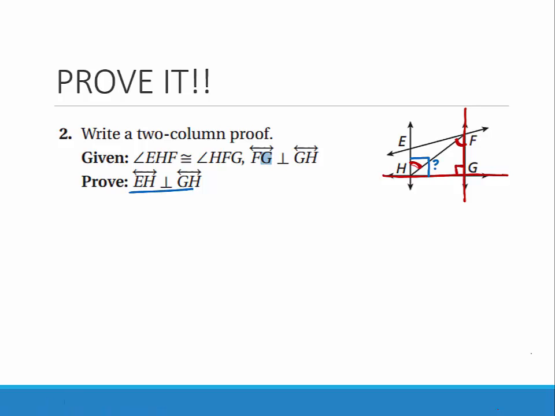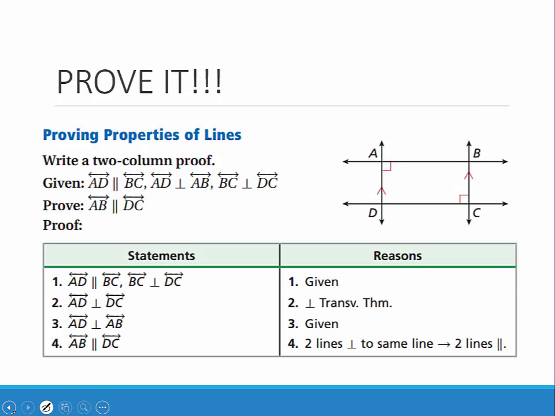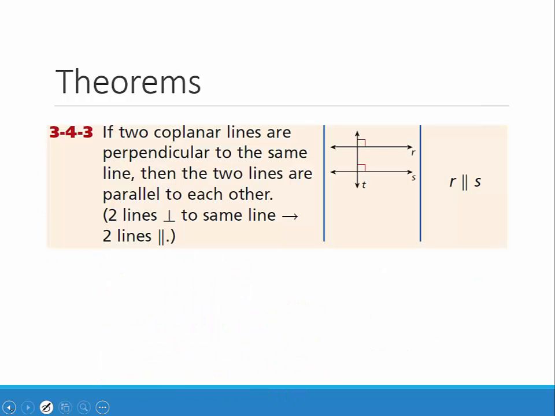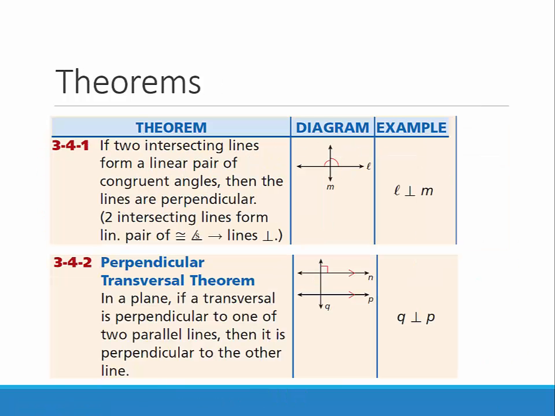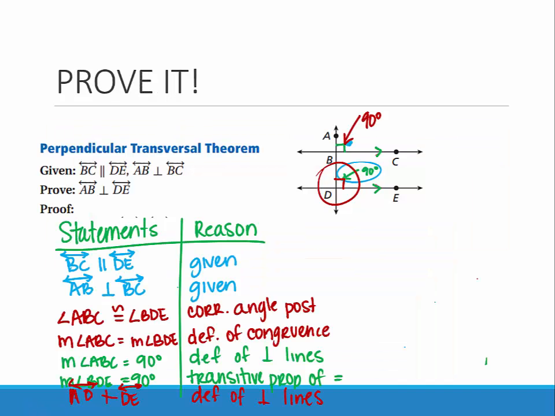So this is what we want to prove. Think about where we're going with this. The only way we can prove that two lines are perpendicular is using either of these two theorems: if two intersecting lines form a linear pair, or if a plane has a transversal and one line is perpendicular to two parallel lines. Think back to what they gave us.